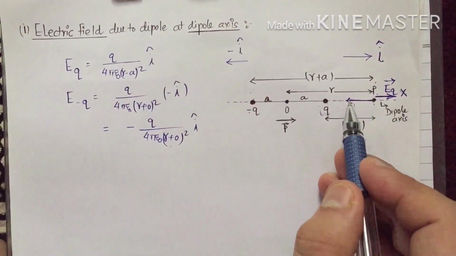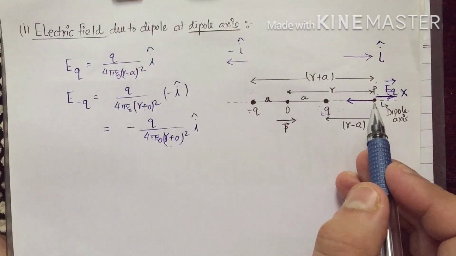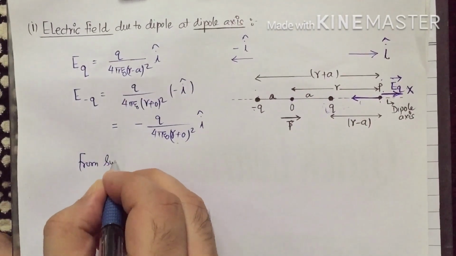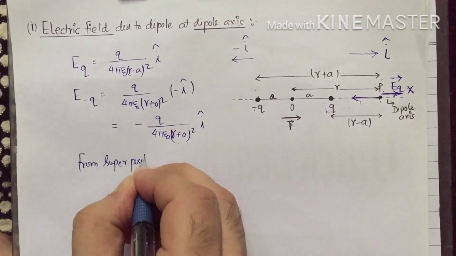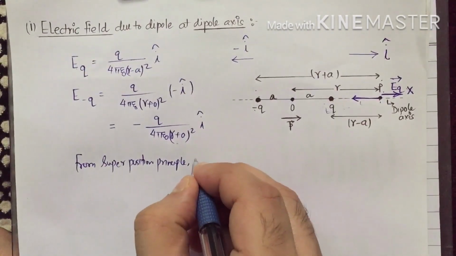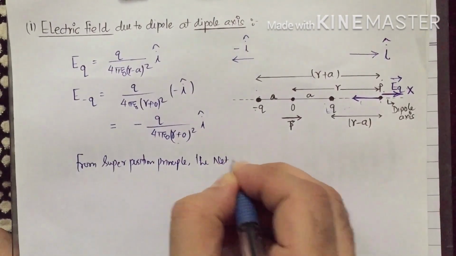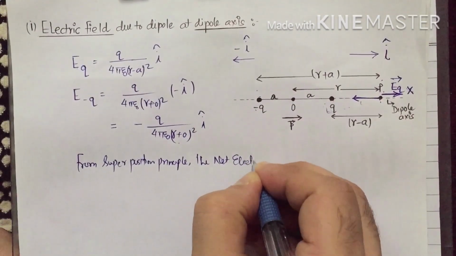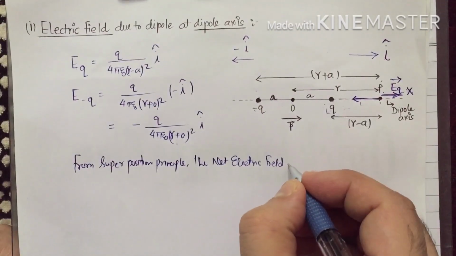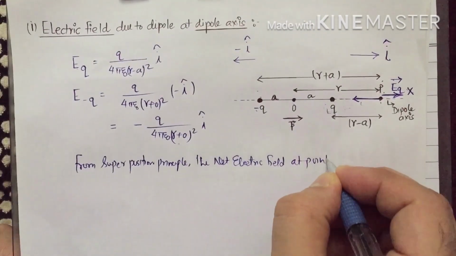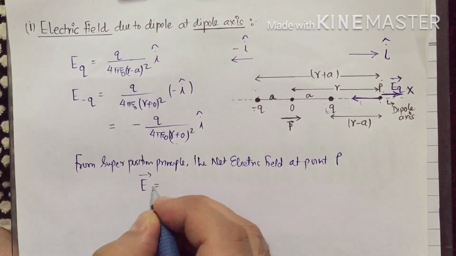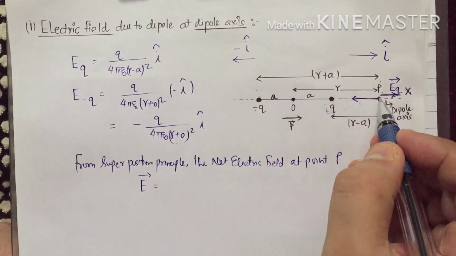So at point P we have two electric fields in the opposite direction at the same point. So from the superposition principle, the net electric field at point P, or you can say the total electric field, is given by the vector sum of the two electric fields acting at the same point.